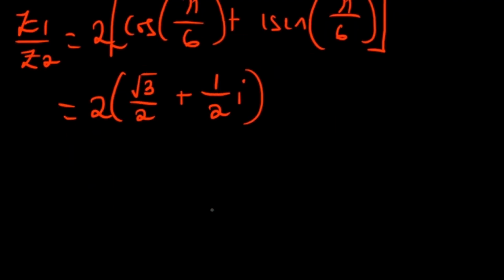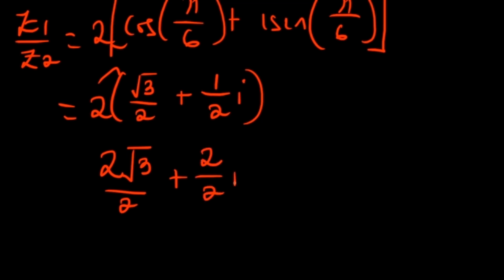And then let's go ahead and simplify this. So when you multiply 2 times root 3 gives us 2 square root of 3 over 2. And then plus 2 times 1 gives you a 2 over 2i. Okay? Now when you simplify this 2 and this 2, they cancel out. So you're left with root 3 plus 2 divided by 2, they cancel out, and that's 1.